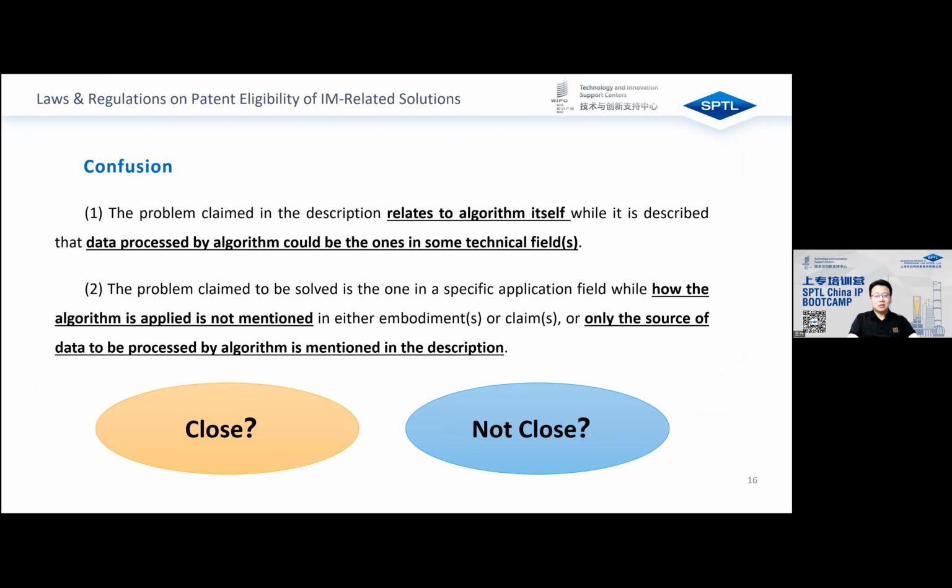I'm afraid some of us may also be at a loss to encounter the case in which the problem claimed to be solved is the one in a specific field, while how the algorithm is applied is not mentioned in either embodiment or claim, or only the source of data to be processed by the algorithm is mentioned in the description.